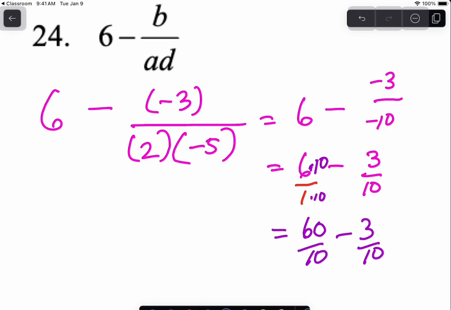Now the rules of fractions say if you're adding or subtracting fractions with common denominators, just add or subtract the top, keep the denominator. So that's going to be 57 over 10. Now remember, I like improper fractions as long as that fraction is reduced, which this one is. There's no common factors of 57 and 10, so just leave it. Mixed numbers aren't super helpful. Unless the instruction says mixed numbers, I'm good with you just stopping at 57 over 10.